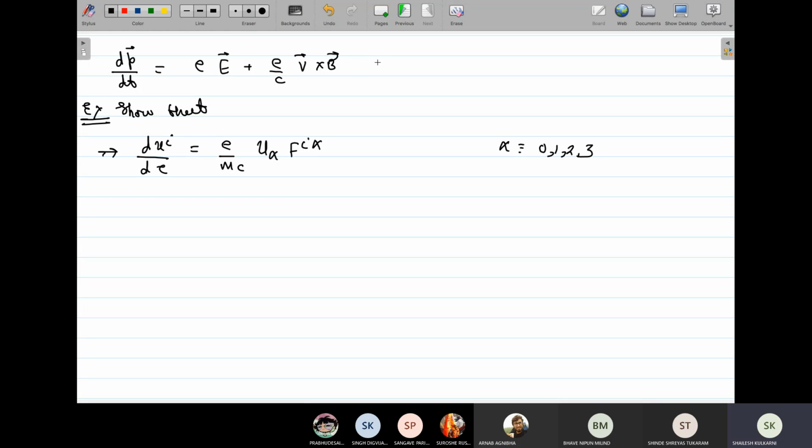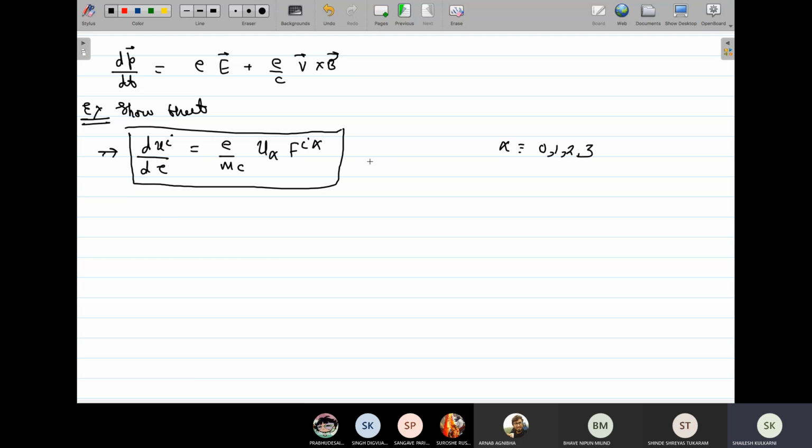Then Bk you express in terms of F, you know how. Use that, you will get the product of these epsilons. Use the expression for the product of epsilons, and you derive this result. Ultimately you will get the result for this dui by d tau.